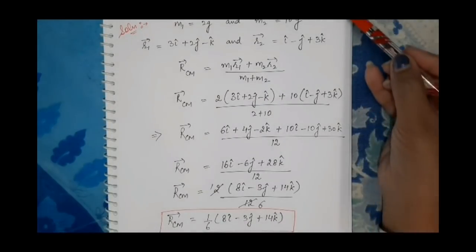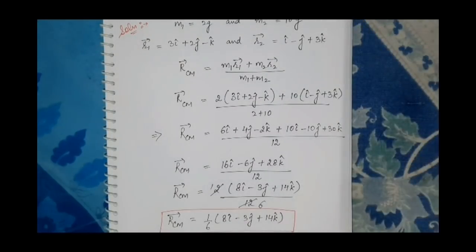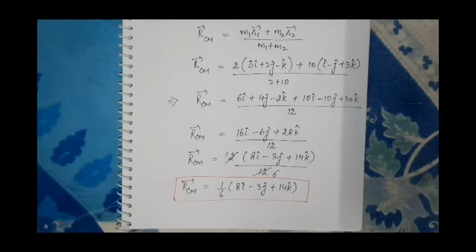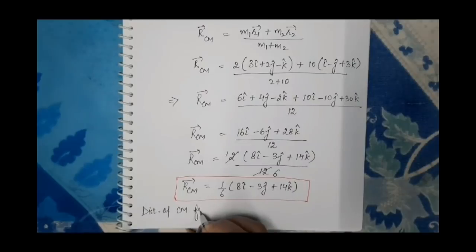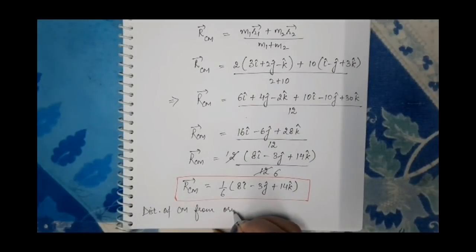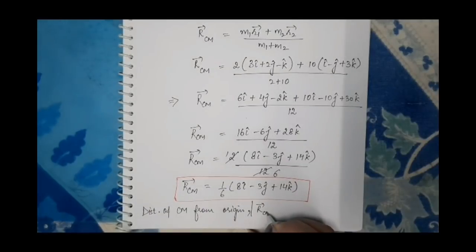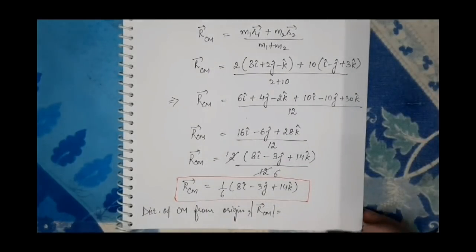Next, we have to find the distance of the center of mass from the origin. What will be the distance? It will be the magnitude of the position vector of the center of mass. So take the magnitude of this position vector, which will give us the distance of the center of mass from the origin. So the distance of the center of mass from the origin will be the magnitude of R CM, and it is equal to, what is magnitude?